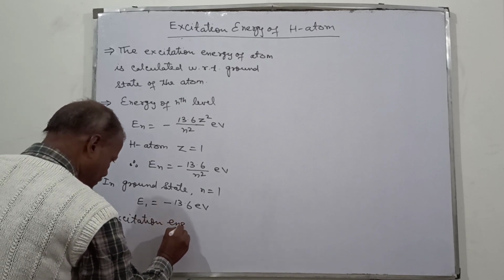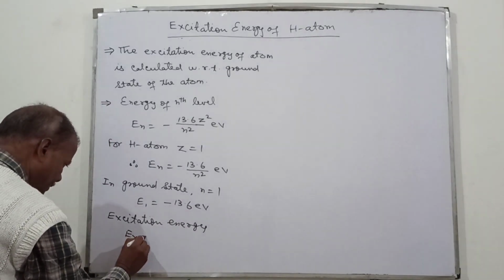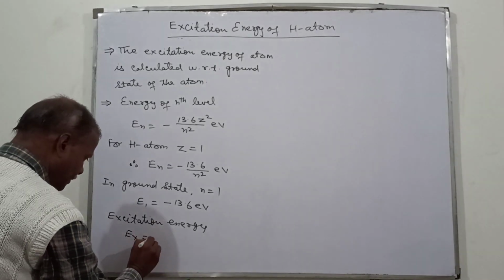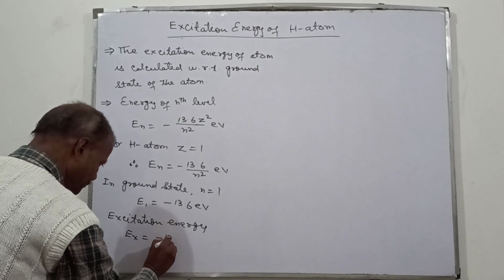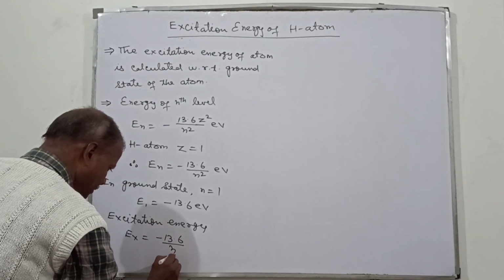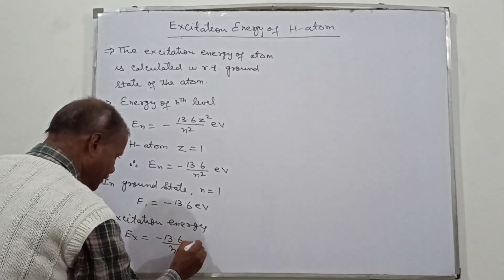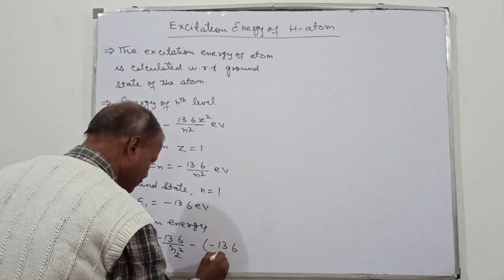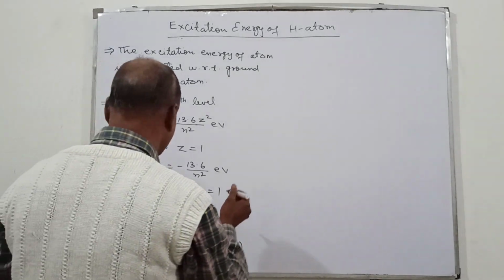Excitation energy Ex is found with respect to the ground state. So Ex equals minus 13.6 upon n2 square minus of minus 13.6, which is the ground state.